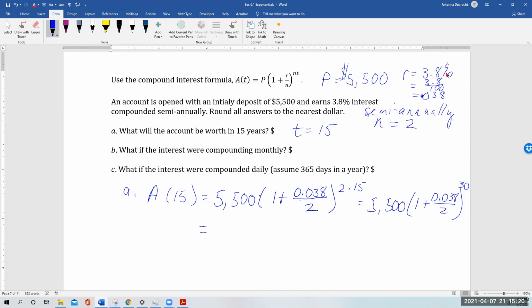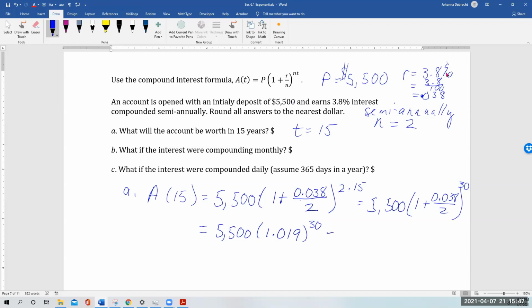This is going to give me the value of $5,500 multiplied by 1.019 raised to the 30th power. We're going to take the 1.019 raised to the 30th power by entering the 1.019 first, hitting the power key, and then entering 30.